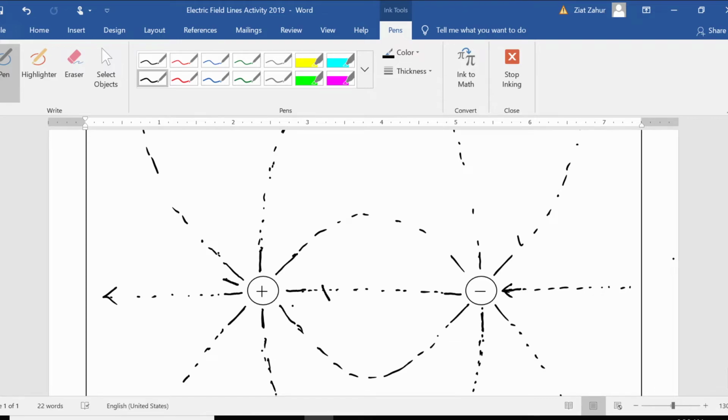One, two, three, 4, 5, 6, 7, 8. So by going in between, I get 8 more lines. That gives me 16. And that should be the end.